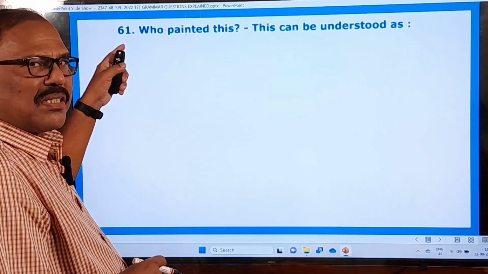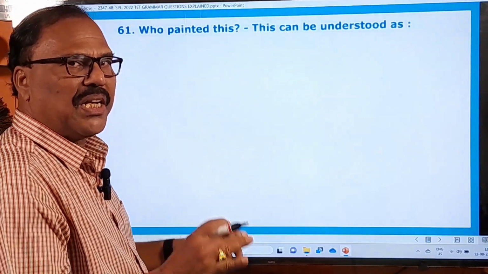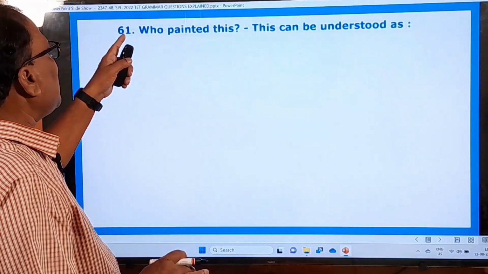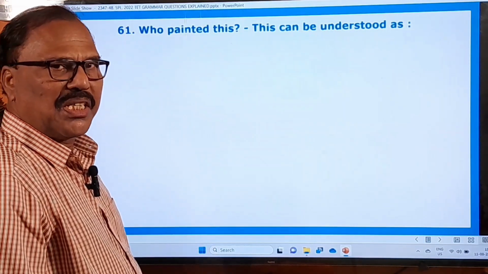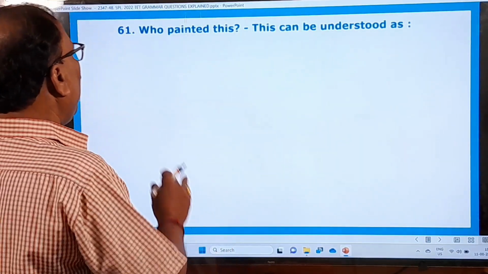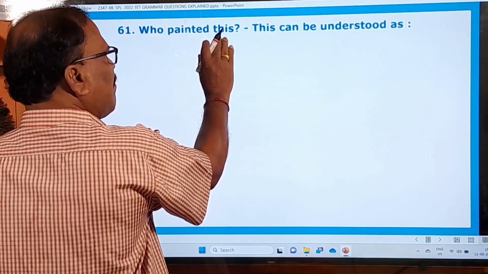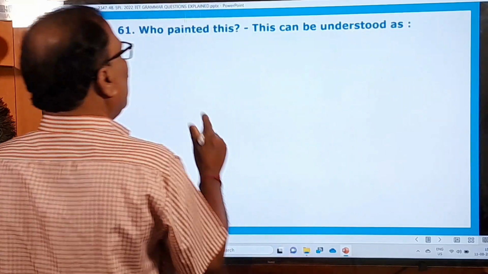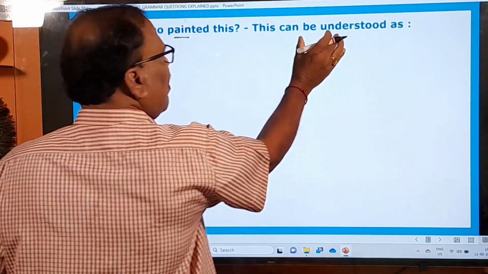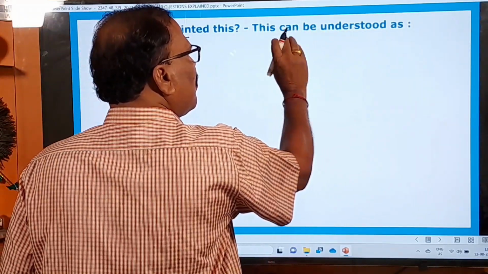The grammar questions in the question paper will generally begin from the 61st question onwards. The 61st question is like this: Who painted this?